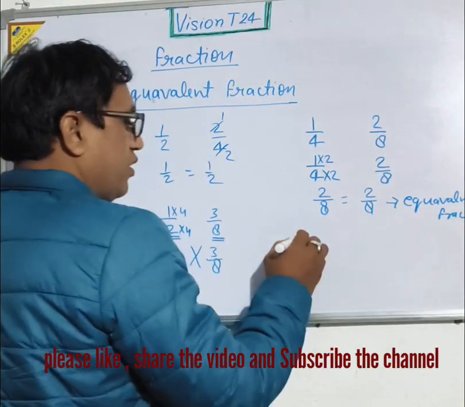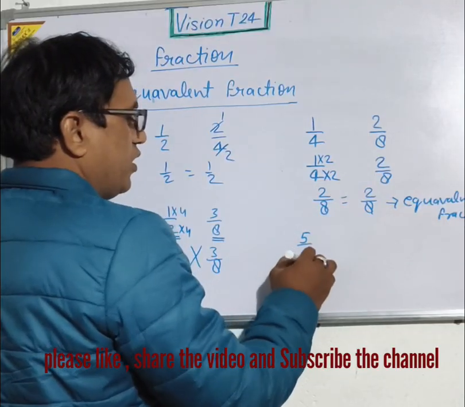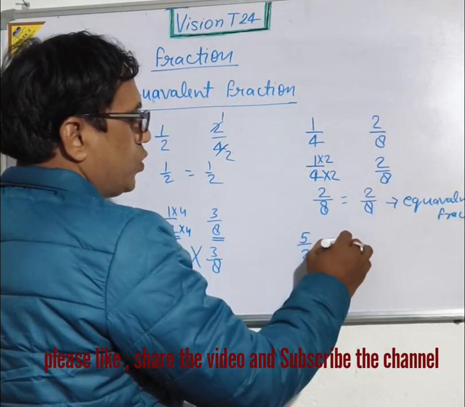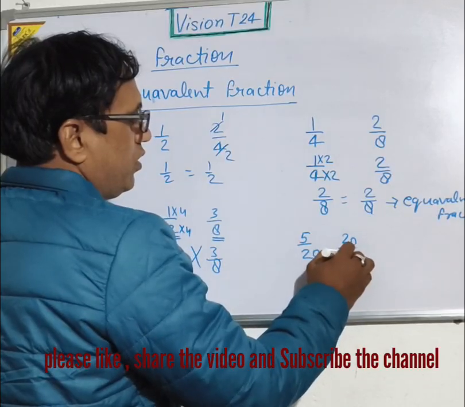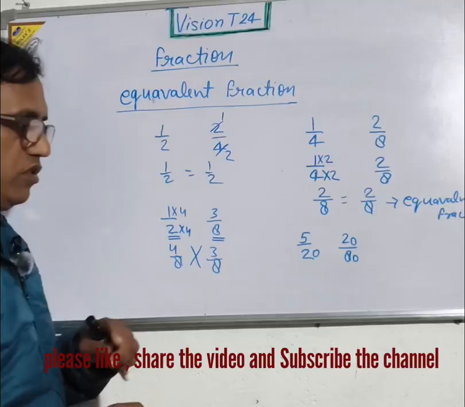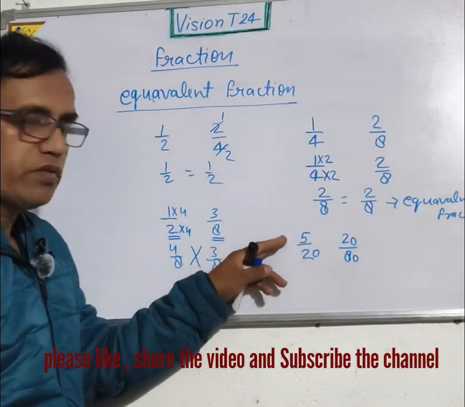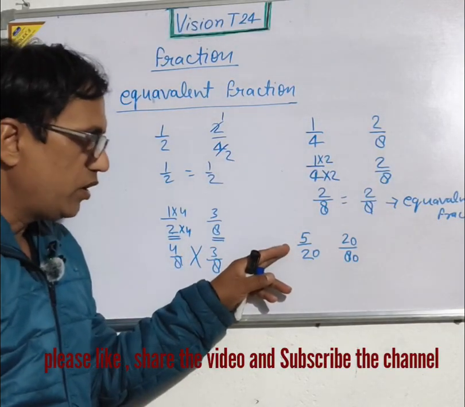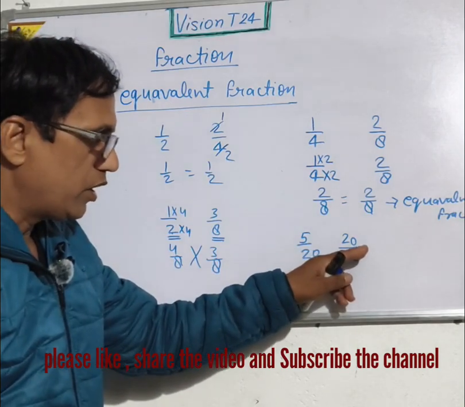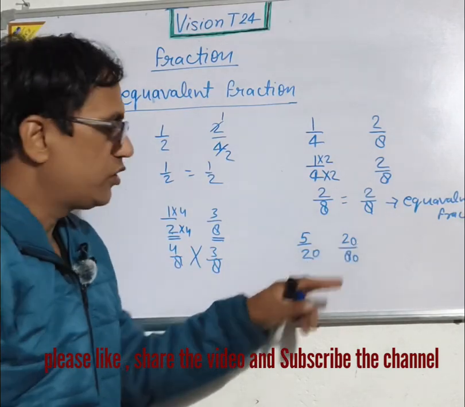Just like if I take 5 upon 20 and another fraction I am taking, that is 20 upon 80. What to do? You have both the choices. Either you multiply the first fraction by 4, or you have another choice: you simplify this.